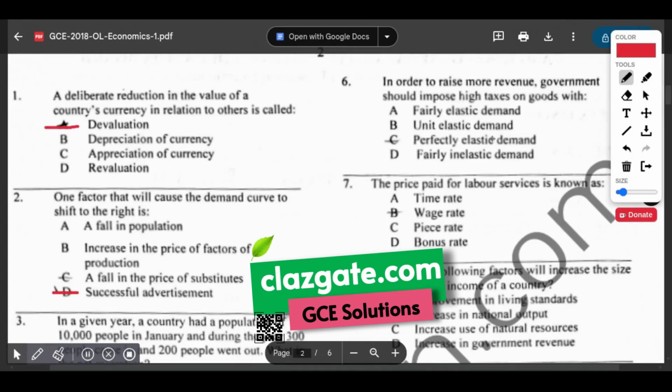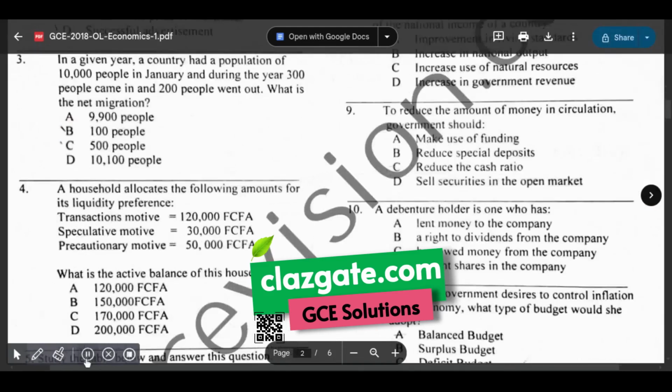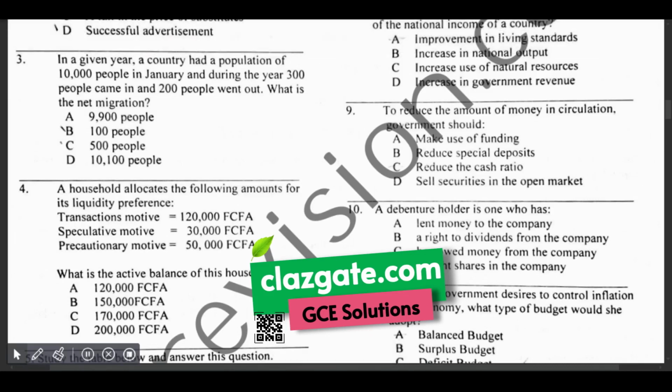Let's go to question 3. In a given year, a country had a population of 10,000 people in January. During the year 300 people came in and 200 people went out.